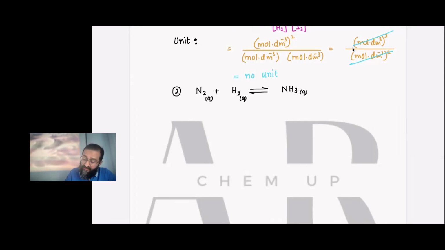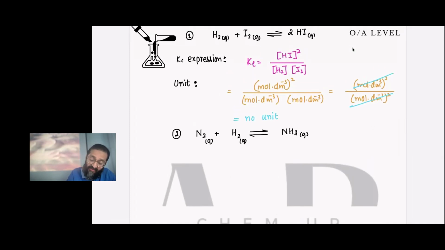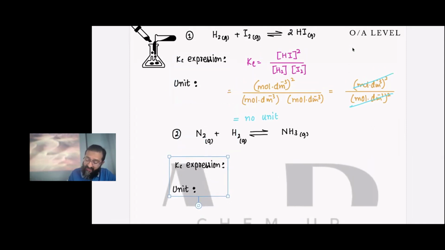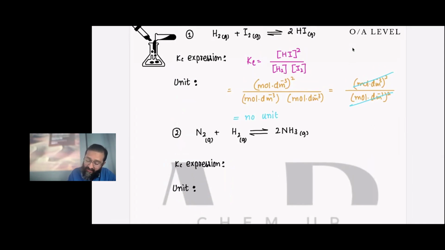If we have to balance in whole numbers, we put 2 before NH3 and 3 before H2. So now I want you guys to write the Kc expression and then derive the unit.